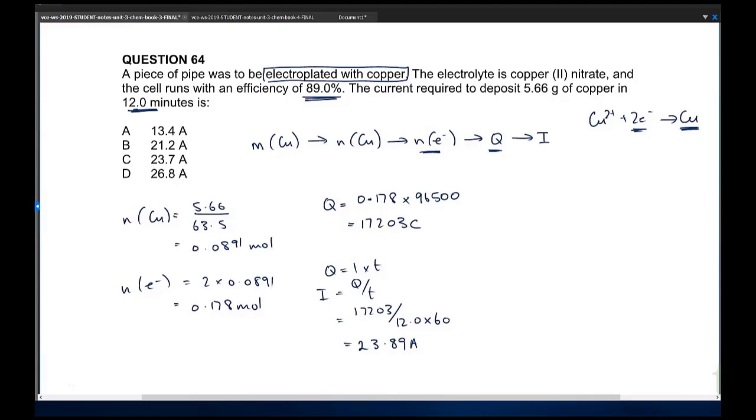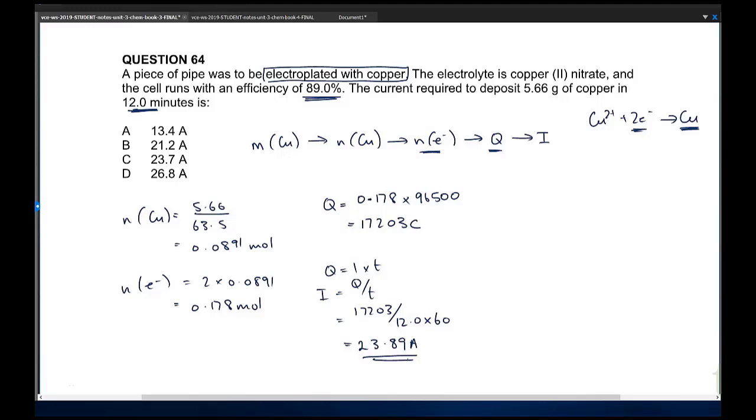If it runs at 100% efficiency, then this is the amount of amps that I'll need. But it's not running at 100% efficiency, it's less efficient than that. So am I going to need more amps to get my 5.66 grams of copper or less amps? I'm going to need more amps. So it doesn't make sense to find 89% of that number because that will give me less amps.